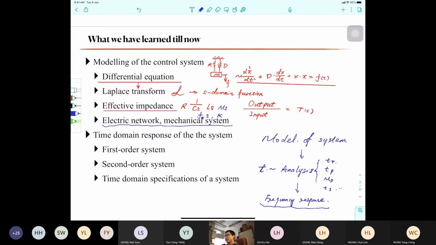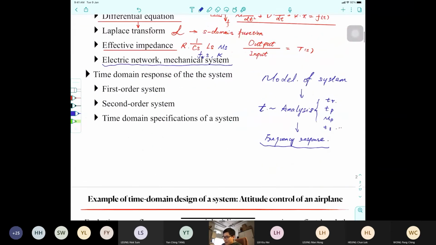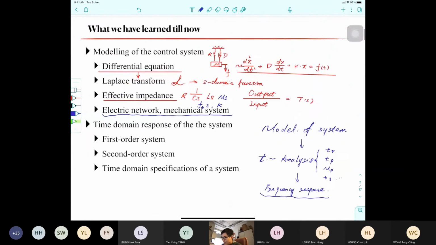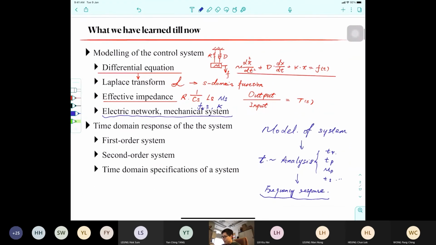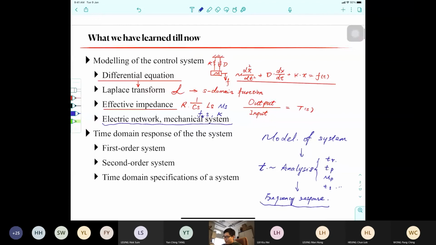Actually, frequency domain response is almost all of the next half semester. Okay, so we all talk about the system in frequency domain. Although we do not know frequency domain analysis yet, we can design the system based on time domain response.